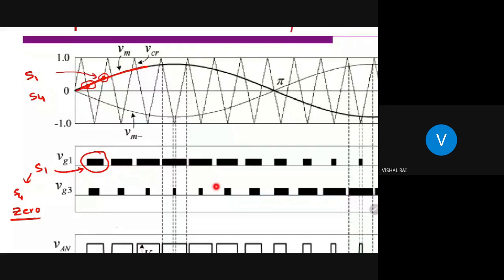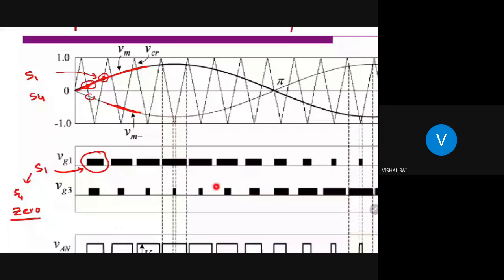These are the interactions of modulating signal 1 and the carrier signal, which generate a firing pulse here. Similarly, this is modulating signal 2, and these are its intersecting points.